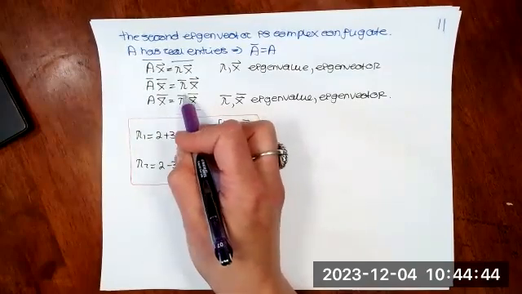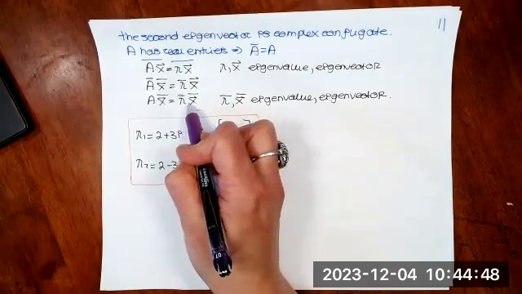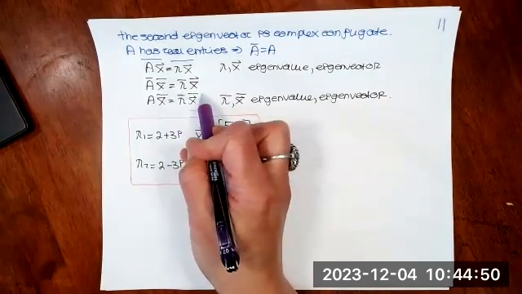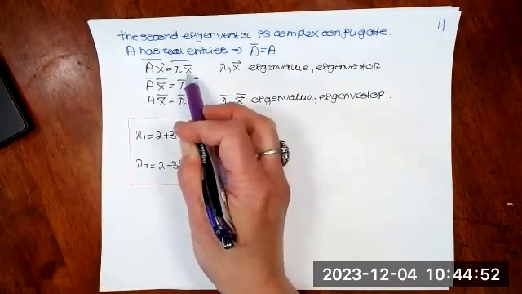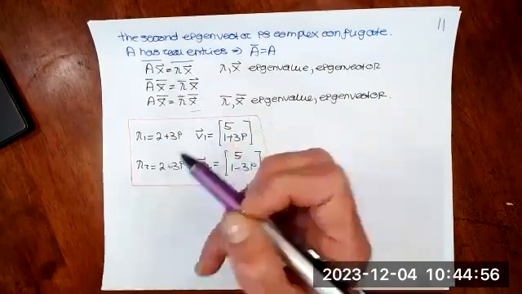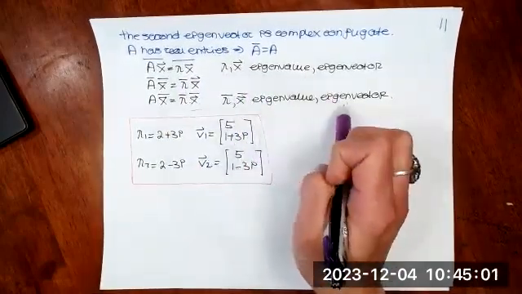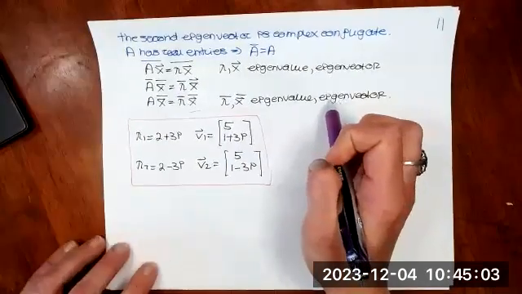So my complex conjugate lambda corresponds to an eigenvector that's just the complex conjugate of the eigenvector that corresponded to lambda. So if lambda, X is an eigenvalue, eigenvector pair, then their conjugates are another eigenvalue, eigenvector pair.